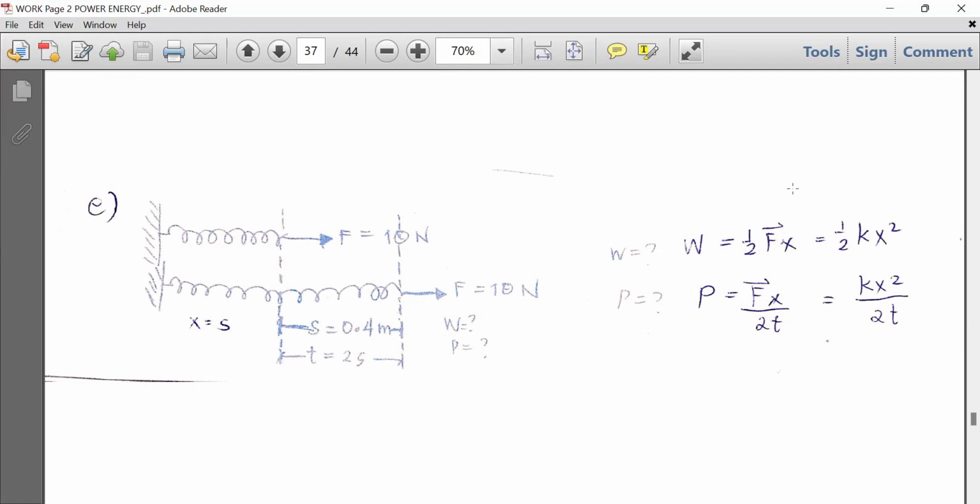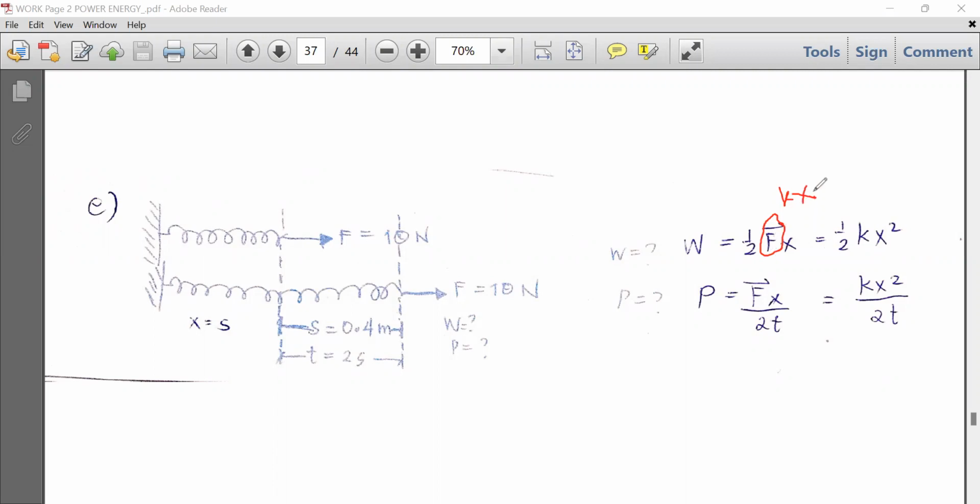Remember that Hooke's law states that F is equal to kx, spring constant times x.